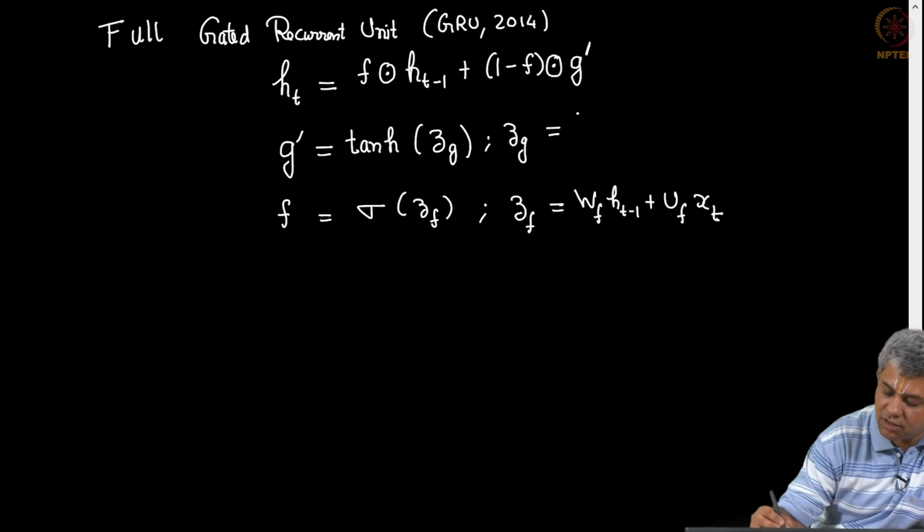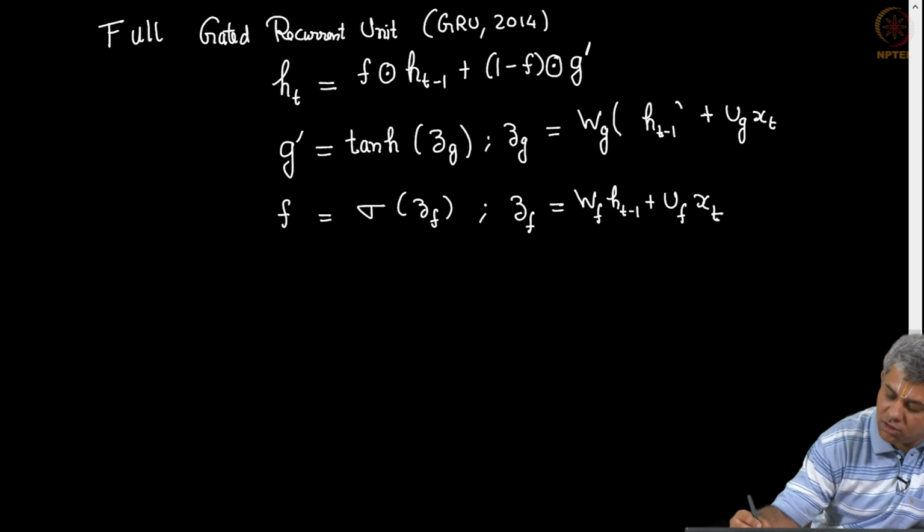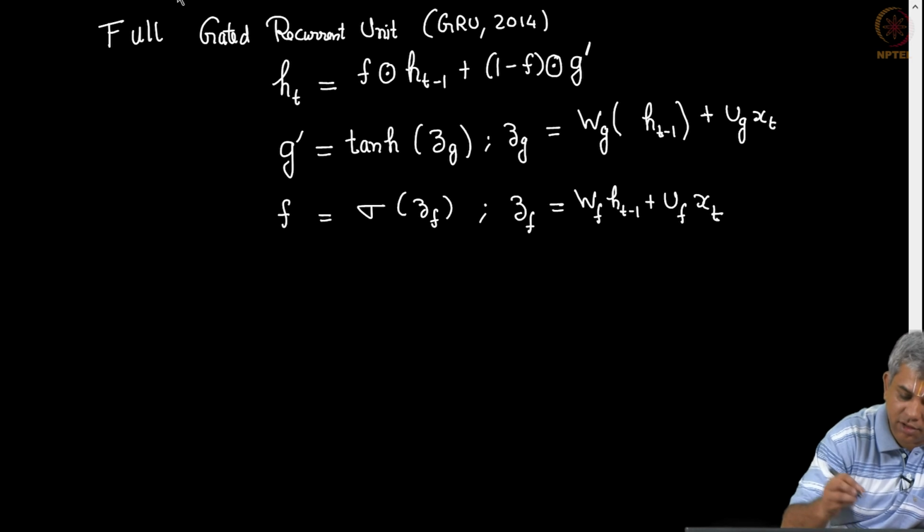Zg used to be Wg times Ht minus 1 plus Ug times Xt, and now there is a small change to that.